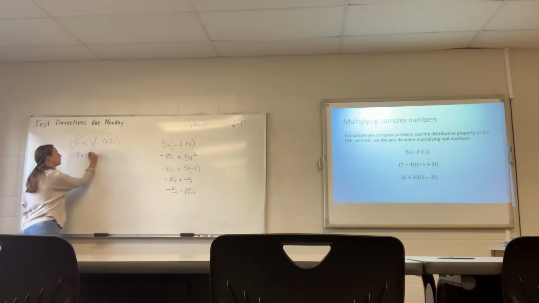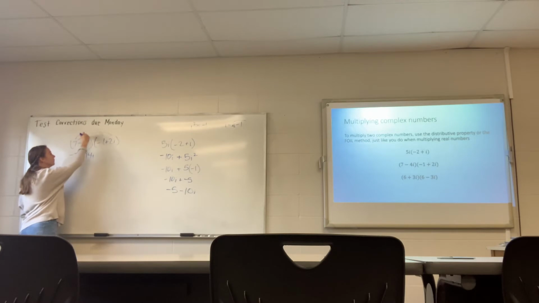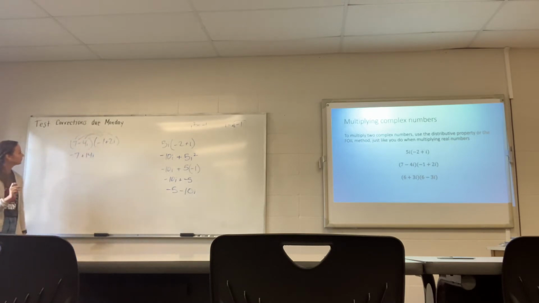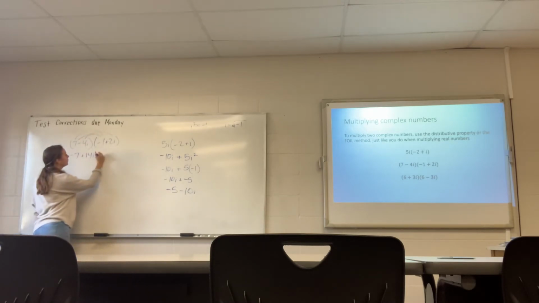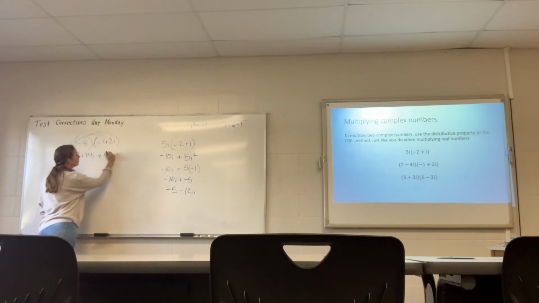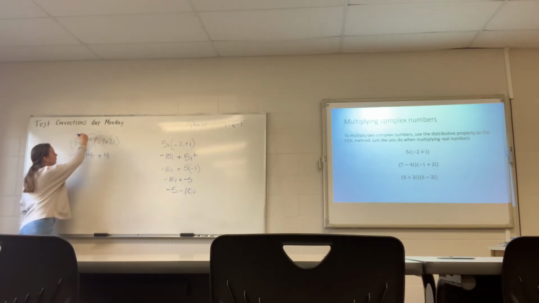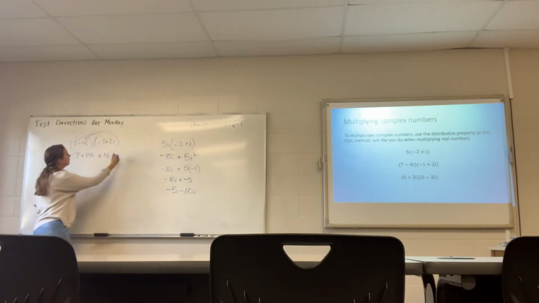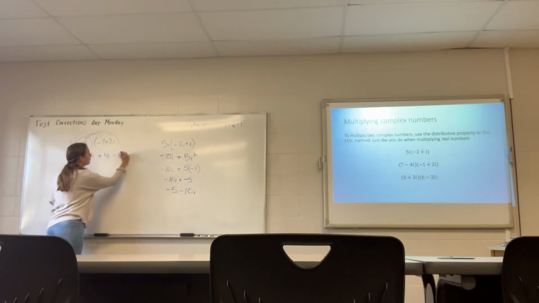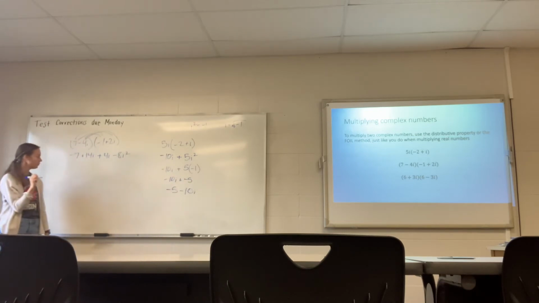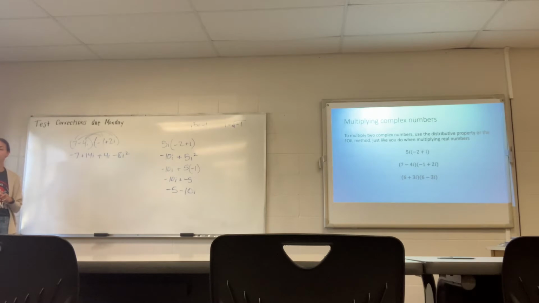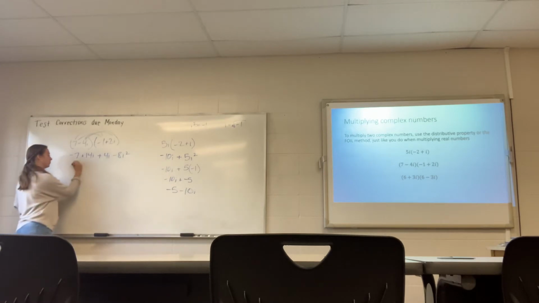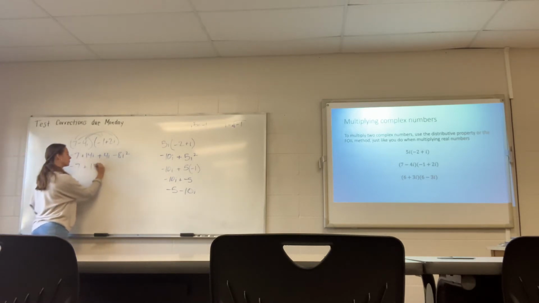Okay, then, yeah, those two, which would get you 4i. Okay, and then negative 8i squared. Yep, exactly. Then Kaden, what could I do next? Combine like terms, you get -7 plus 18i minus 8i squared.